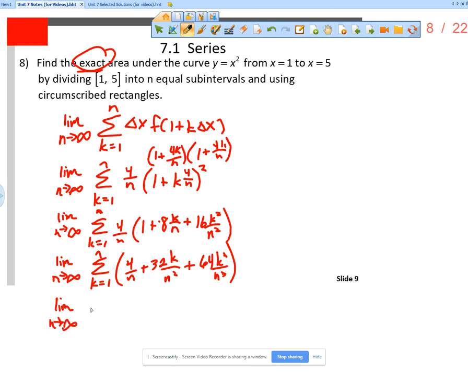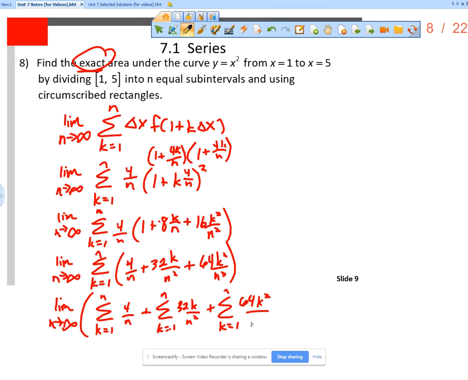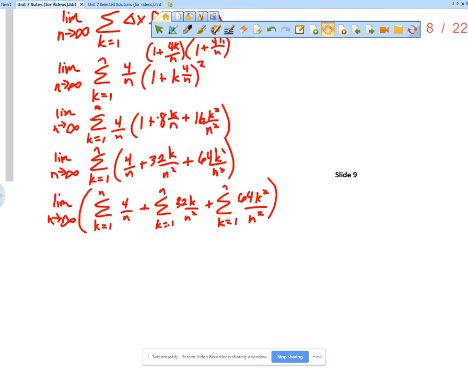So I have the limit as n approaches infinity of the sum from k equals 1 to n of 4 over n, plus the sum from k equals 1 to n of 32k over n squared, plus the sum from k equals 1 to n of 64k squared over n cubed. All right, so now three separate summations. Now we need to think about more properties of summations.